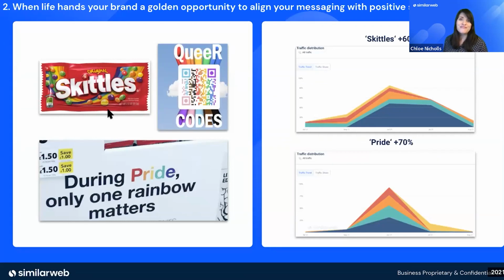However, on the flip side, here's where you can see where Skittles ran a campaign alongside the Pride celebrations in July. And you can see in the data that there was a spike for both Skittles and Pride. So around 60 and 70% increase in the search trend around the same time, which really shows that there can be a positive association between your brand and timely events.